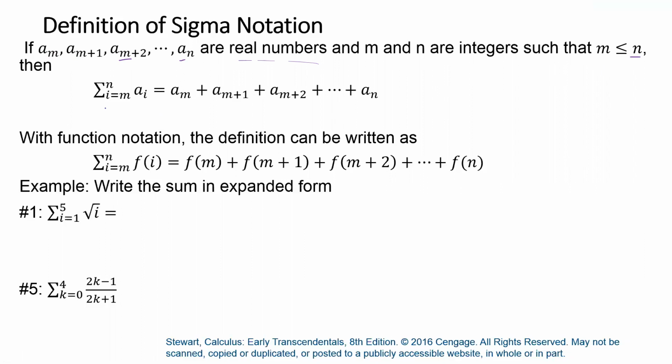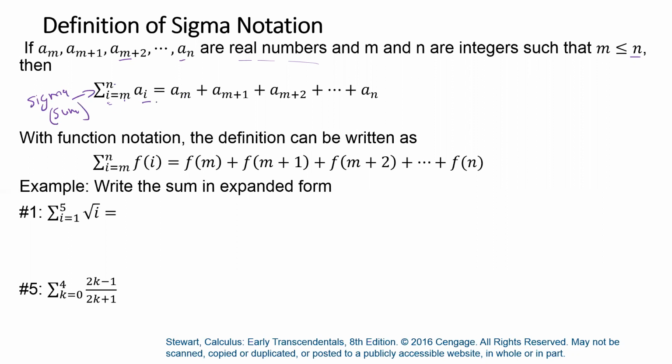Then when you write this sigma, that's a sigma notation, meaning the sum, you're summing over a certain interval. This is taken from i, a dummy variable, starting from m to n of ai.